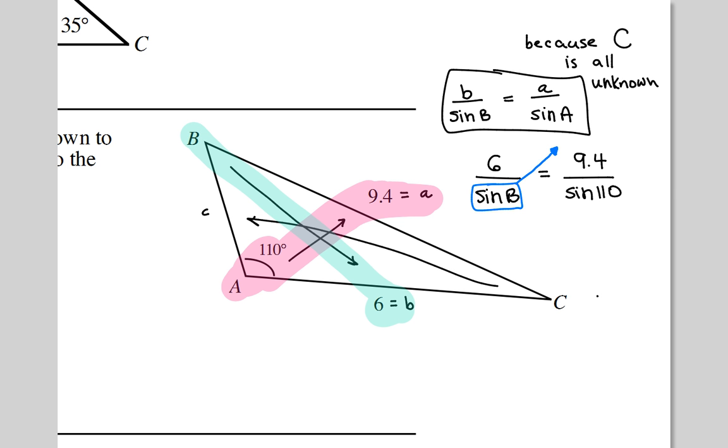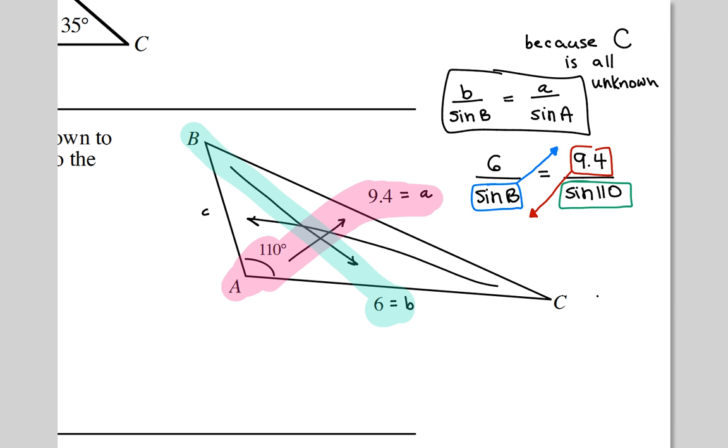So I need sine B to be alone. When it goes up there, there's other stuff in the way, right? This 9.4 is in the way. I don't want it there. So where is it going to go? Down here. I also have this sine 110 in the way.